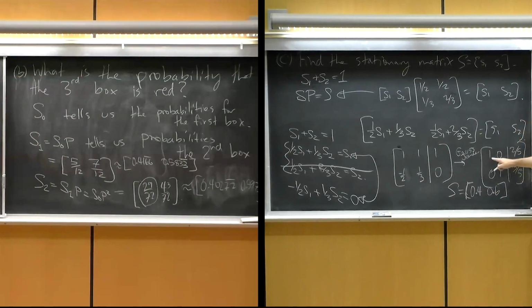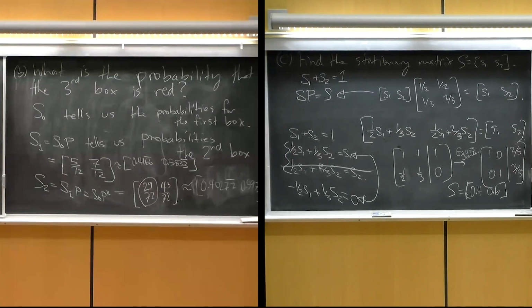Right? Because it says S1 is 2 over 5, S2 is 3 over 5. Okay, I did that quickly, so are there any questions about that?